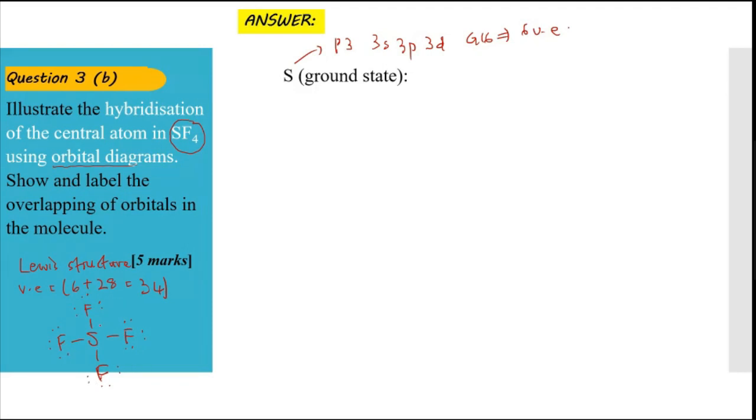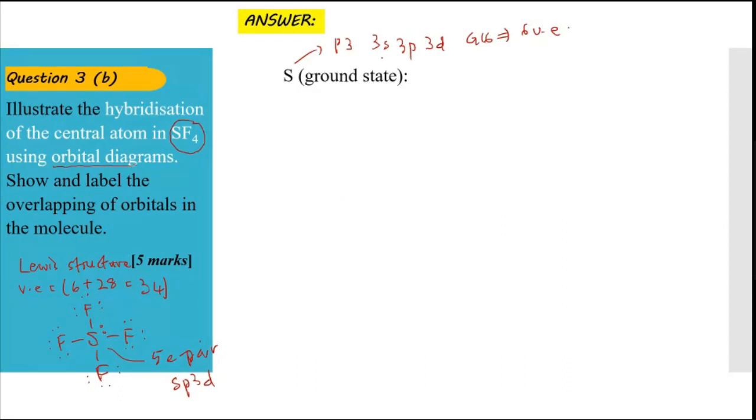Got 2 more, 33, 34. Put on the central atom. So if you count the total electron pairs, 1, 2, 3, 4 plus this lone pair, 5. 5 electron pairs means the type is sp3d. Okay, 3 plus 1 plus 1. So 5, sp3d. And then now you can start doing.